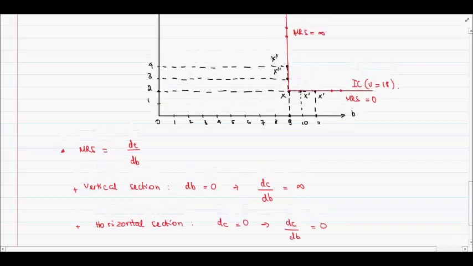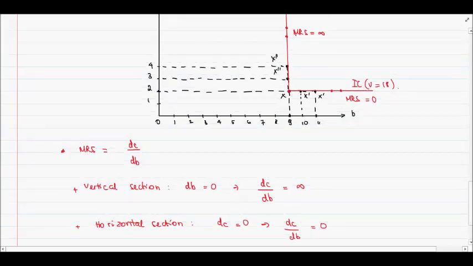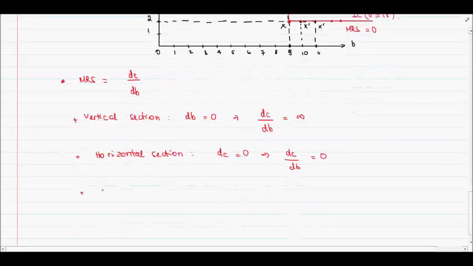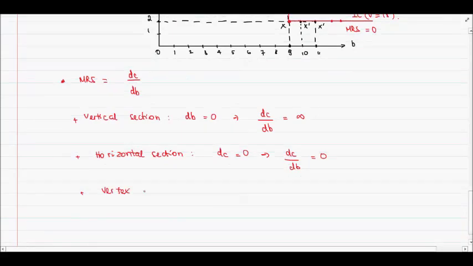The last bit is the vertex over here, which is the kink point, the corner. At the corner it's only one point, so there isn't any change around that point. So at the vertex or the kink point, the marginal rate of substitution, or the slope at that point, is undefined, because it's just one specific point and there's no way to define the slope.